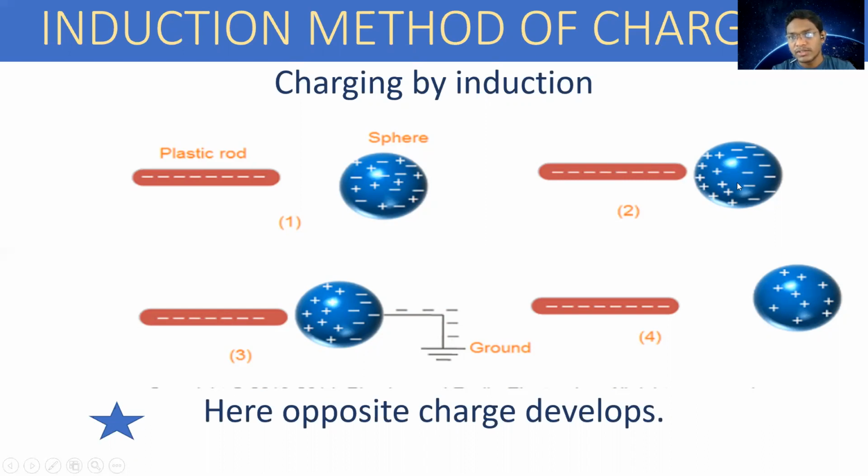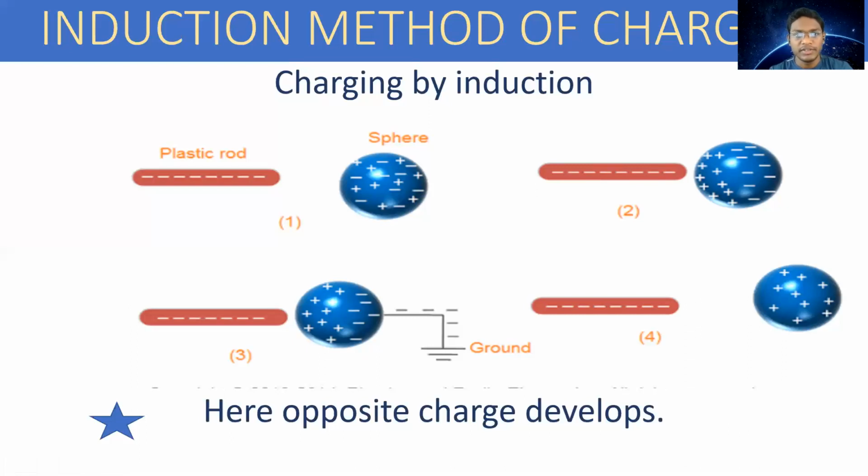The electrons of the sphere got repelled by the electrons of this rod, and they come to the opposite side of the sphere, and this side of the sphere becomes positively charged. So there is a polarization. Polarization means there is a separation of positive and negative charges.